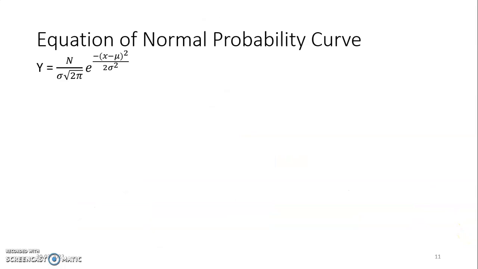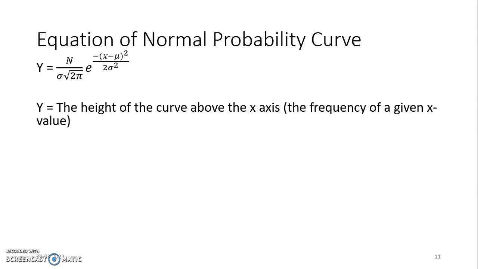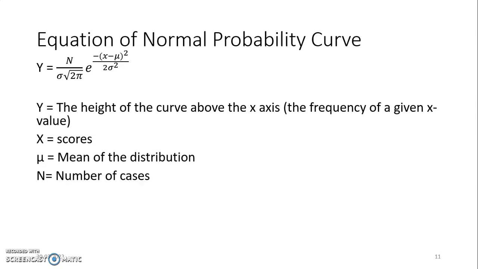The equation of the normal curve is y equals N divided by sigma root 2 pi, times e to the power minus (x minus mu) whole squared by 2 sigma squared. What is y? y is the height of the curve above the x-axis, that is, the frequency of the given x value. x is the x score, that is, the observed value. Mu is the mean of the distribution.